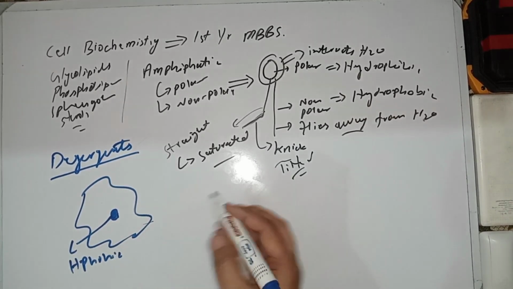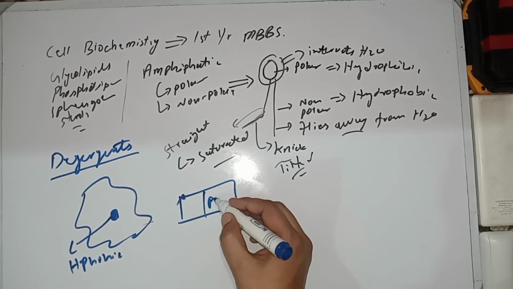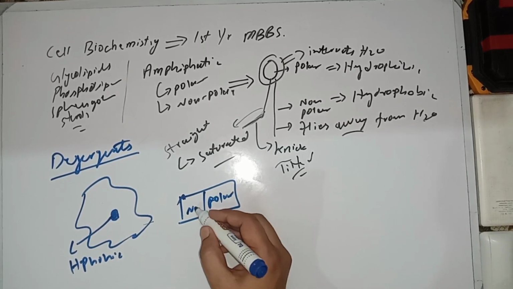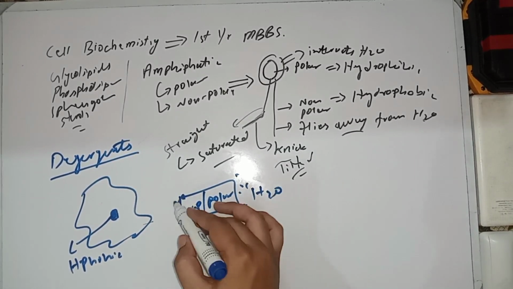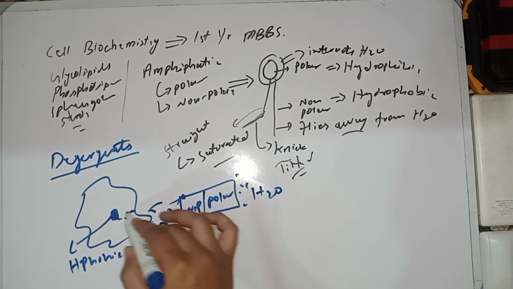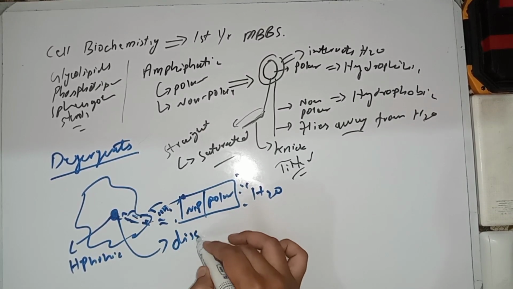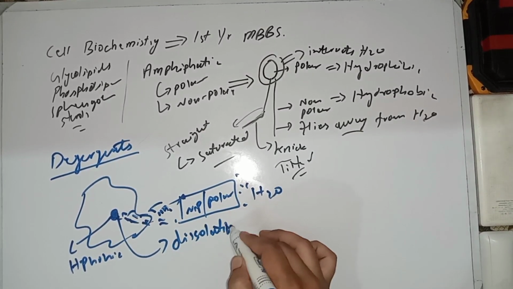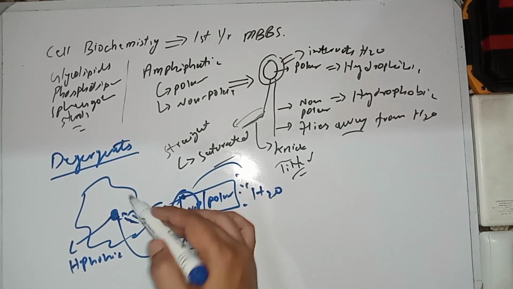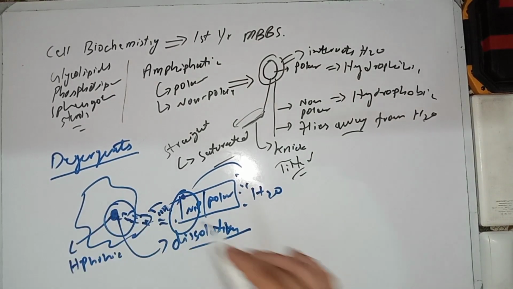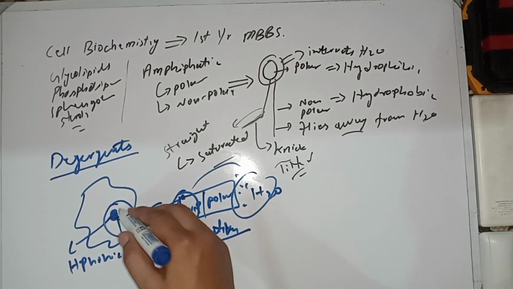This is a detergent molecule with polar and non-polar regions. Its polar region interacts with water, H2O, while its non-polar region interacts with the mark, and this interaction leads to the dissolution of the mark, which may be some hydrophobic compound or protein. So the non-polar region of the detergent interacts with the non-polar mark on the cloth, and the polar region interacts with water, leading to removal of the mark from the cloth.